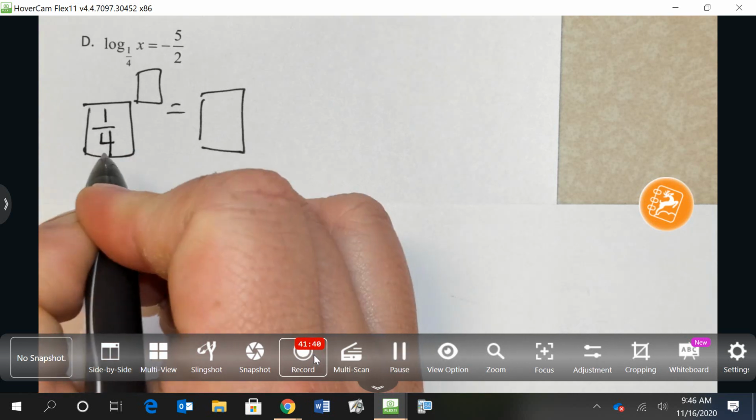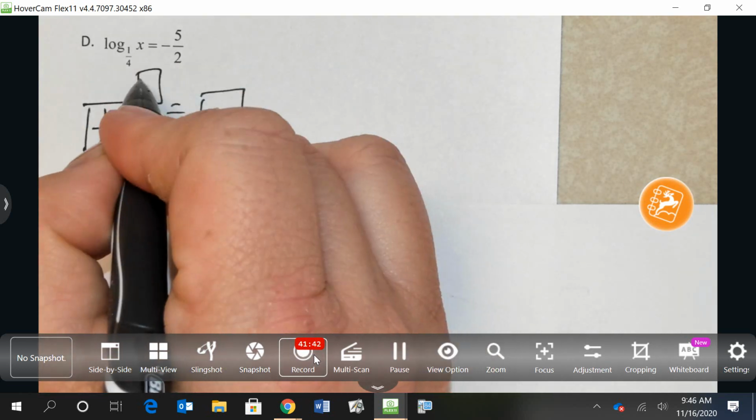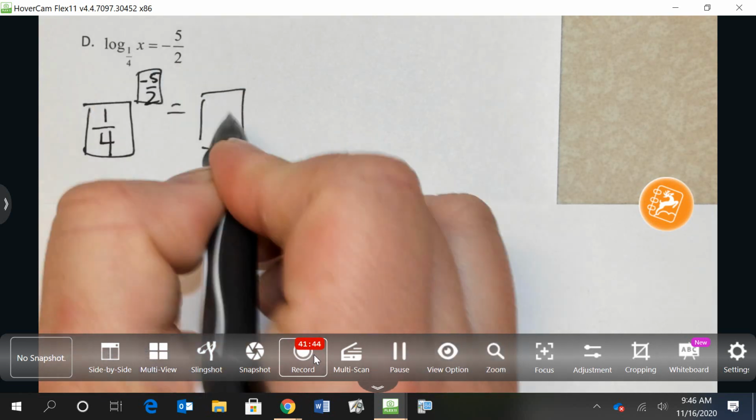The base remains 1/4, the exponent is -5/2, and the answer is in back.